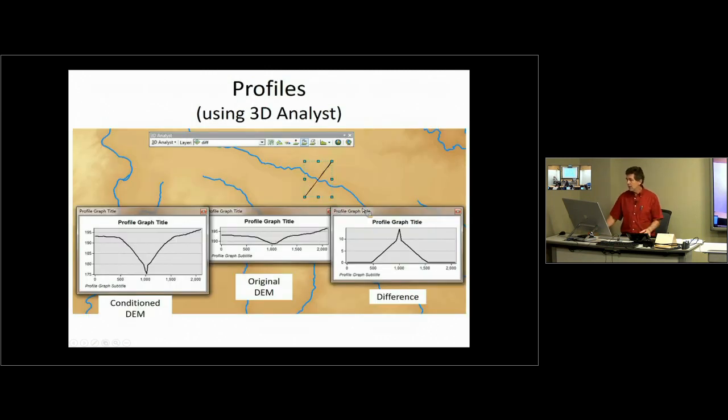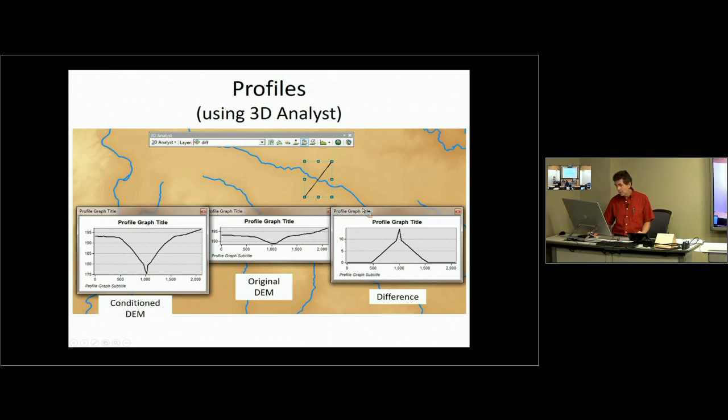So this is actually what happens. When we do this analysis on a part of a digital elevation model with certain streams, what I've shown here in the middle is a profile along that line. There is a function in ArcGIS 3D Analyst that allows you to draw cross sections along a raster, so you can get a profile graph like that, and that's the original DEM.